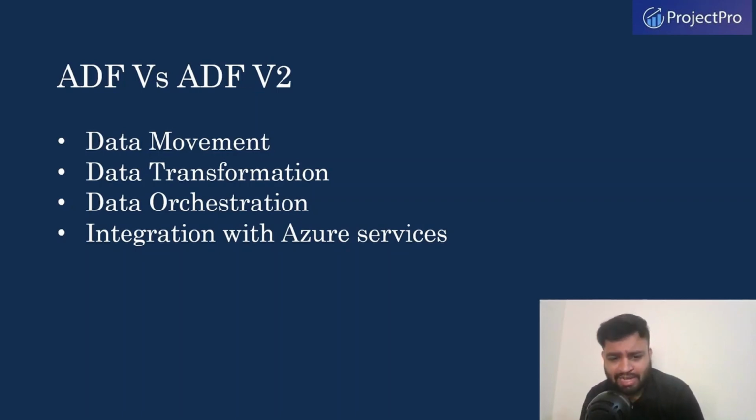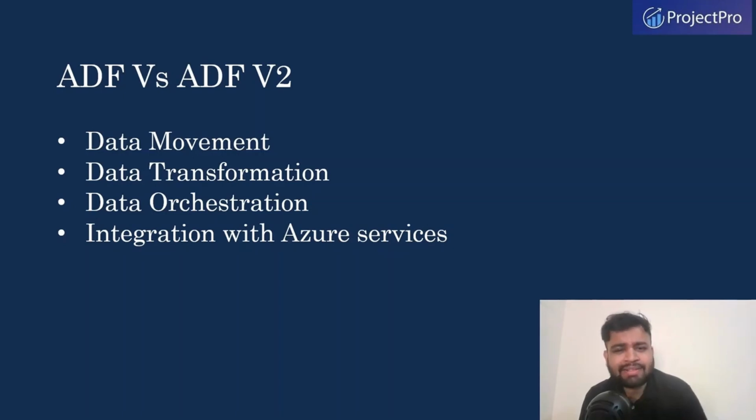We also got data transformation, which allows us to perform data transformation using built-in data flow activities or by leveraging code-based transformation using Azure Databricks as well as HDInsight. We also got data orchestration, which provides a visual interface for designing and orchestrating complex data workflows, and it has seamless integration with other Azure services like Azure SQL Database, Data Lake Storage, Blob Storage and many more.